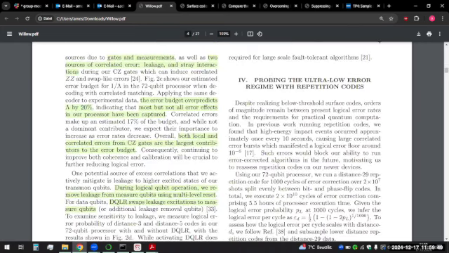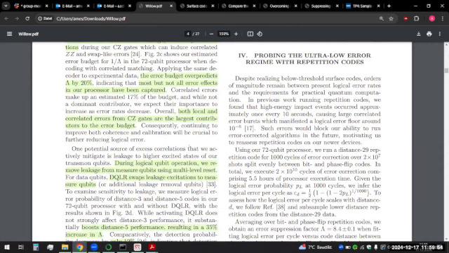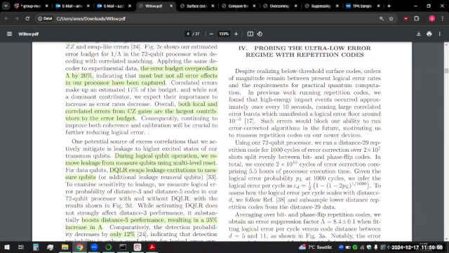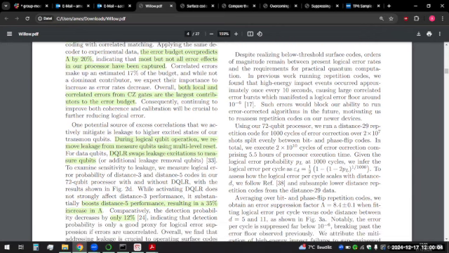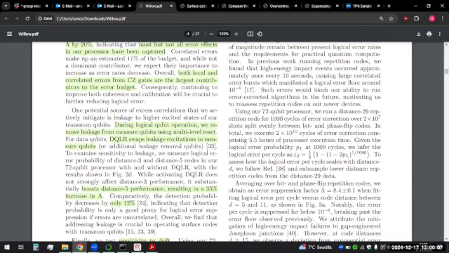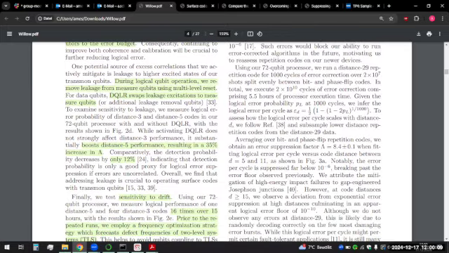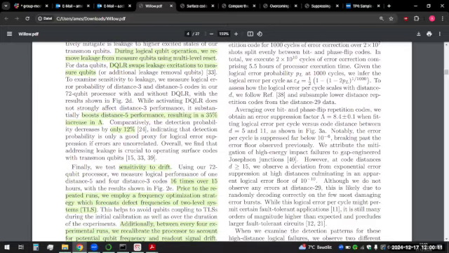Let me check leakage, strain interactions. They also mentioned here that these CZ gates have the largest impact on this error budget.